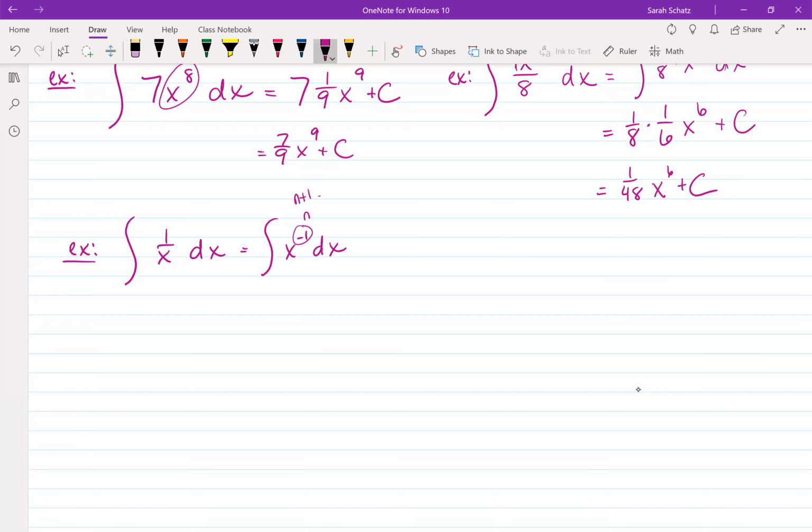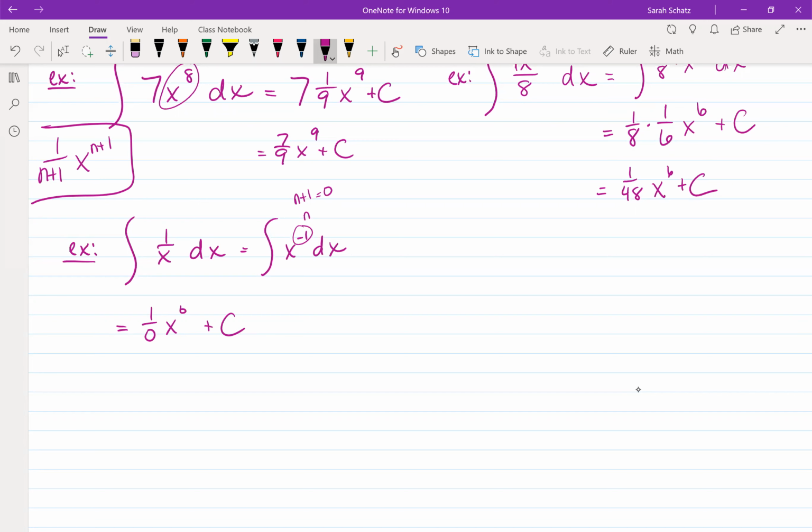What's my n plus 1? -1 plus 1 is 0. So 0 is the number I'm working with in my answer. So what is the power rule? 1 over n plus 1, x to the n plus 1. So if n plus 1 is 0, I'm looking at 1 over 0, x to the 0 plus c.